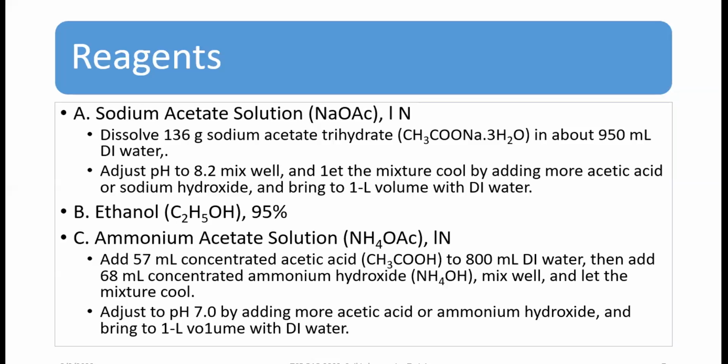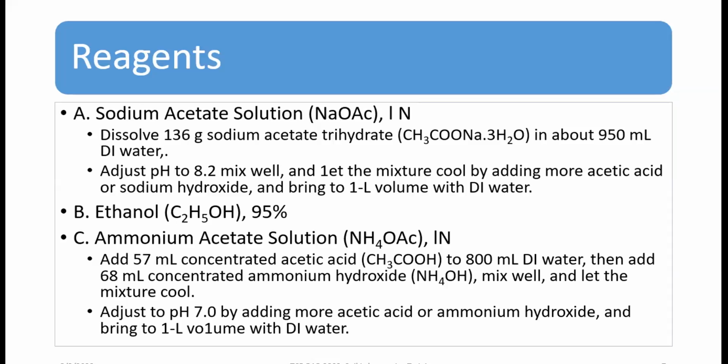Ethanol, 95%. Ammonium acetate, 1N. You add 57 mL concentrated acetic acid to 800 mL distilled water.